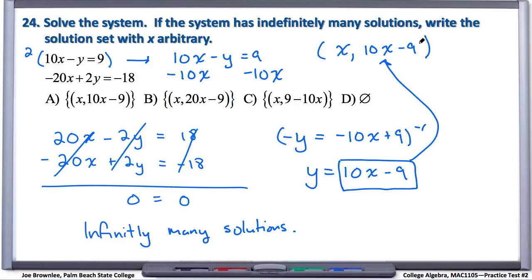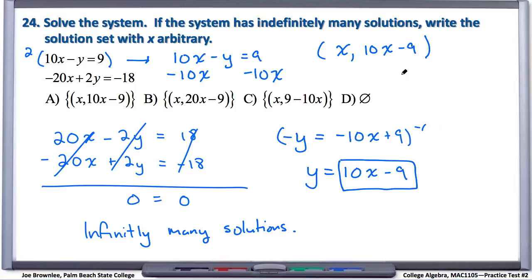And so this is a solution that is written with x set arbitrarily, which means that we can choose any value for x that we want. And once we've decided on an x value, to get the corresponding y value, all we do is take the x that we decided on, plug it in to the y component where x is, and solve. So let's just randomly choose some x value.